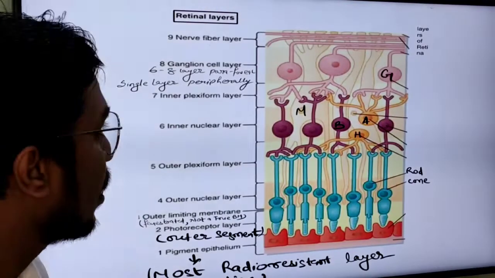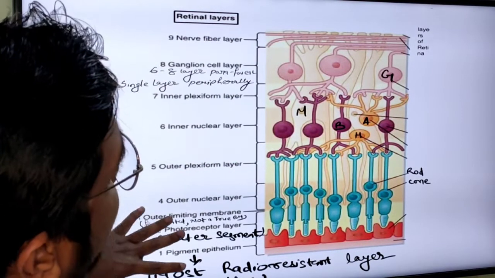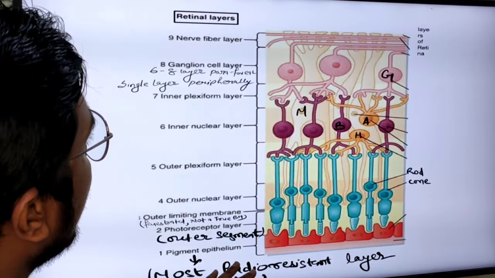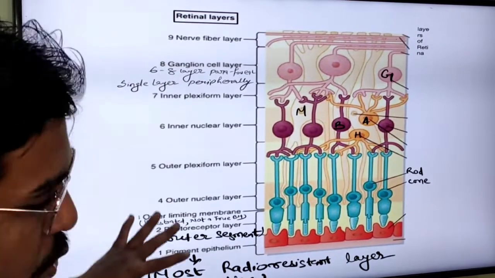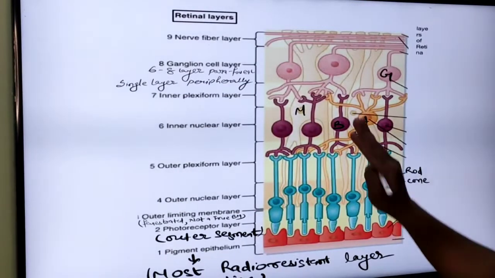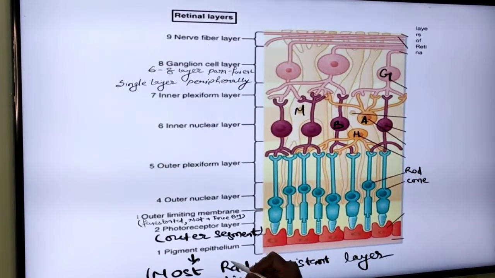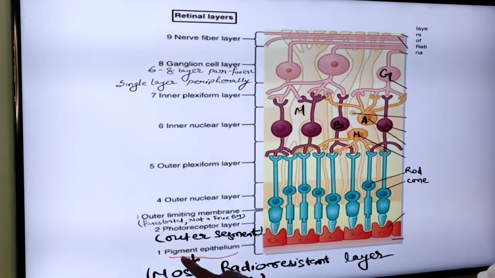Next slide. Can you see, the picture here shows these things very beautifully. This is very important to understand. These are all the layers, so let me tell you what this is. Starting from the outermost area, this is the retinal pigment epithelium.